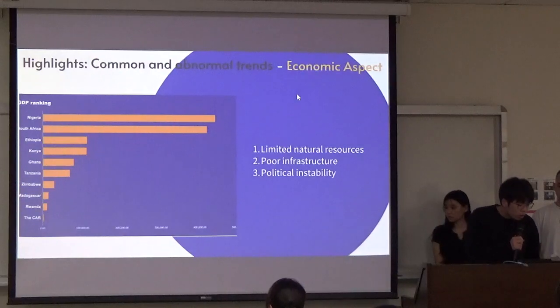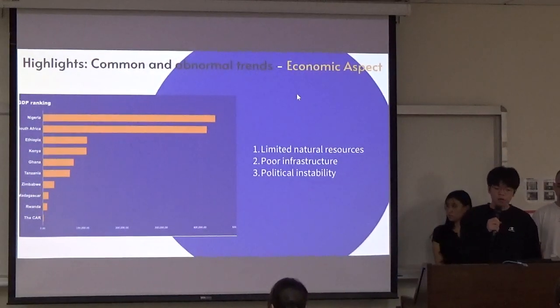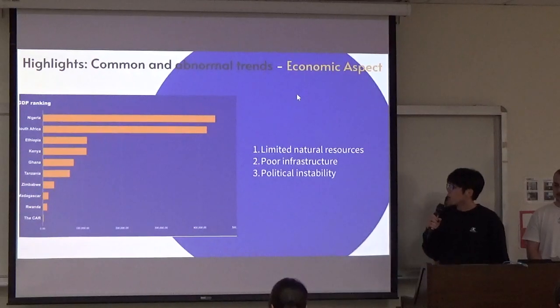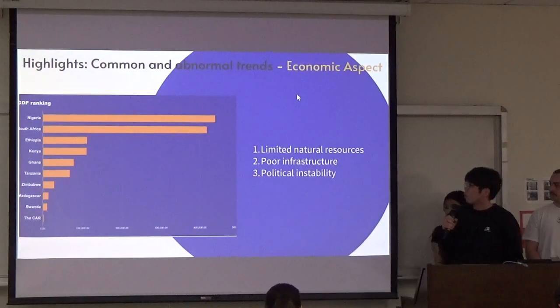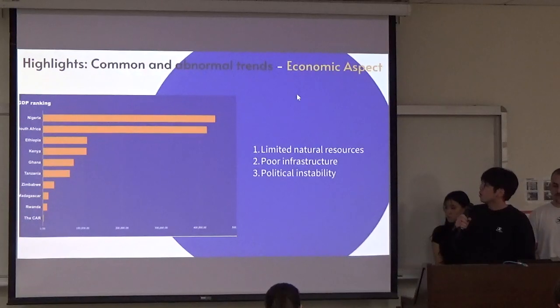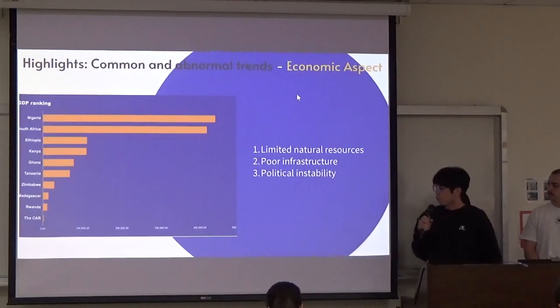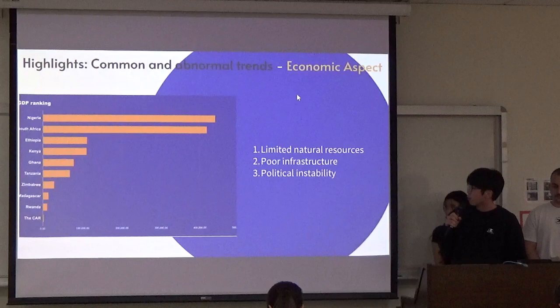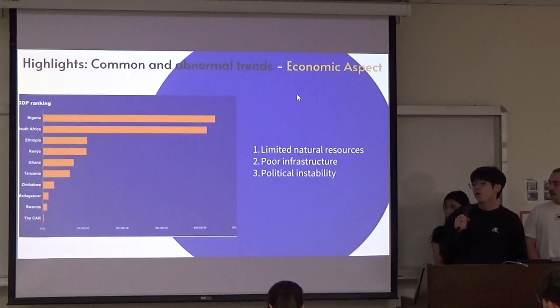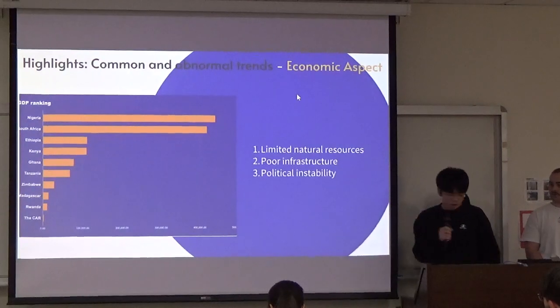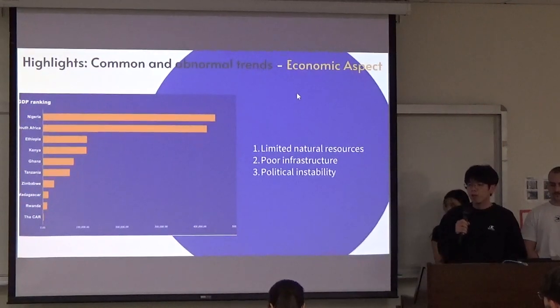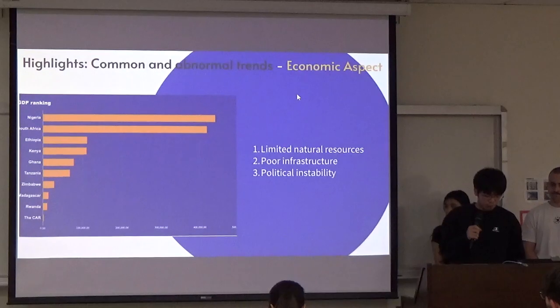And the Central African Republic has the lowest GDP among Africa for these 3 reasons: limited natural resources, poor infrastructure, and political instability. And we believe these 3 characteristics are pretty common in a poorly developed country.